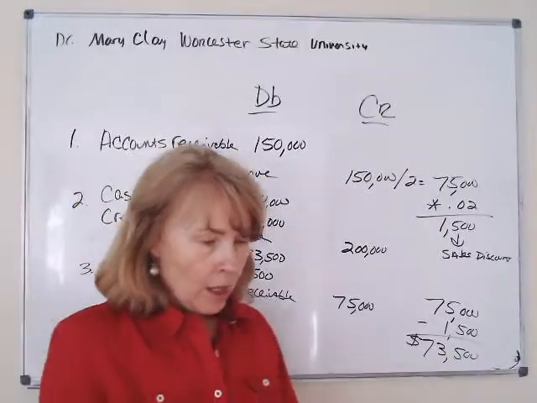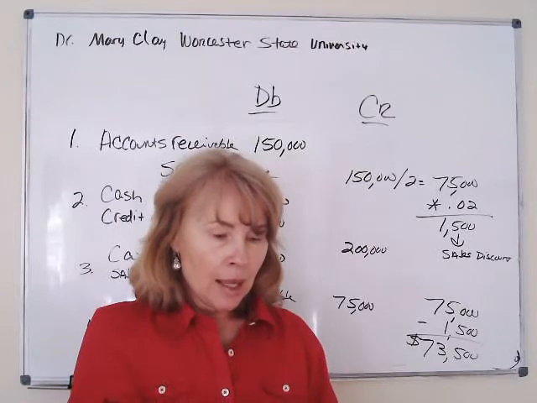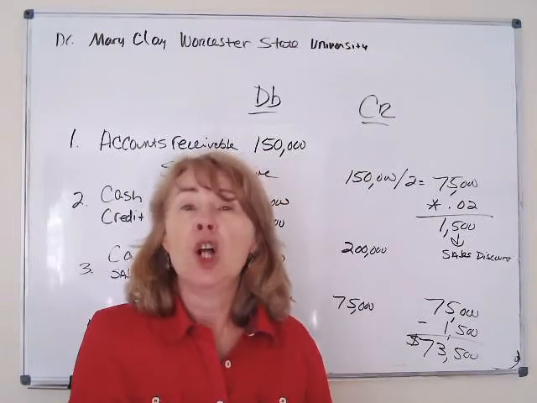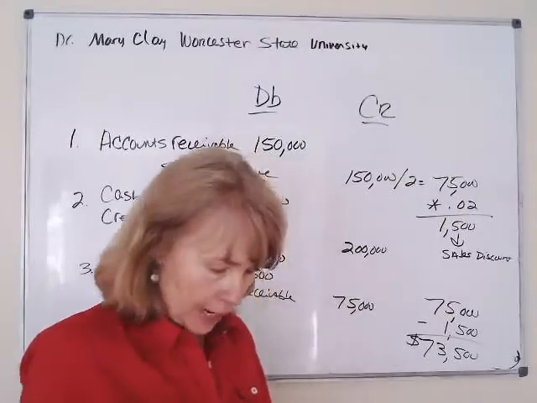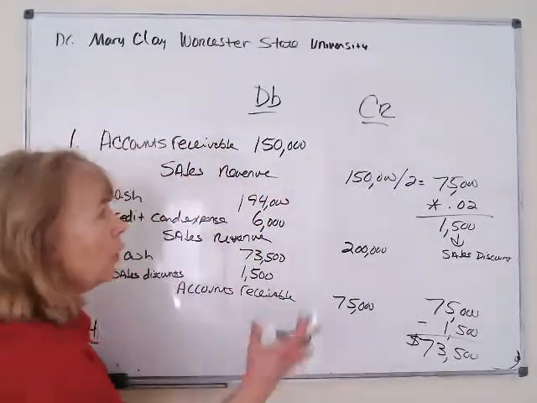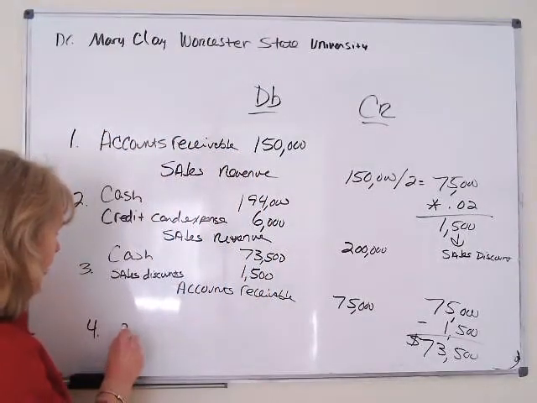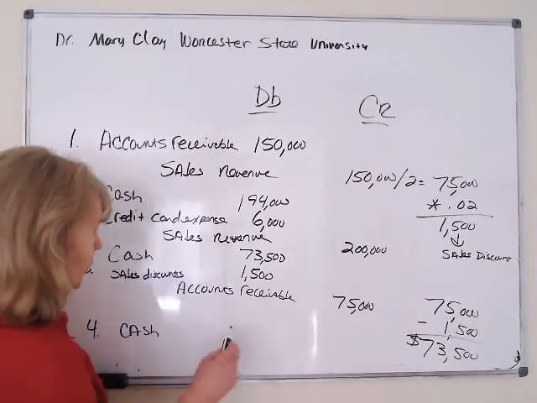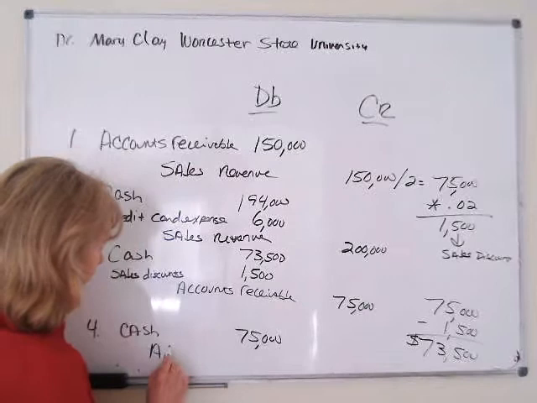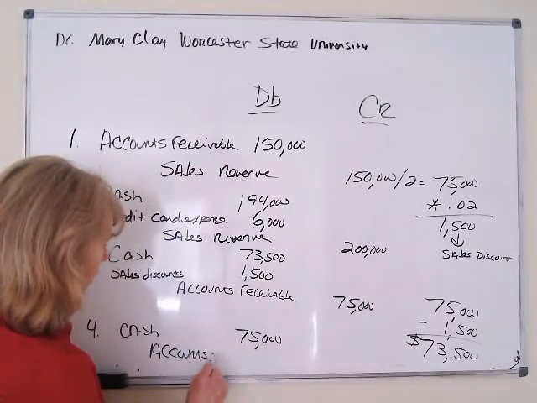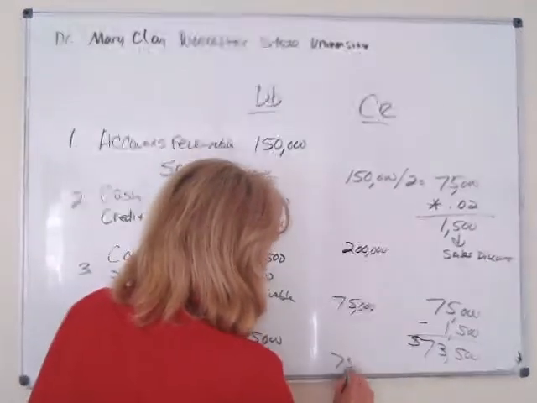Well, now the customers, and this is how they word it, okay? The other accounts were paid in full at the end of the month. All right, in full, so what's still left? What's still left is $75,000. However, no discount. So this one's simpler. I will just debit cash for $75,000 and I will credit accounts receivable for $75,000.